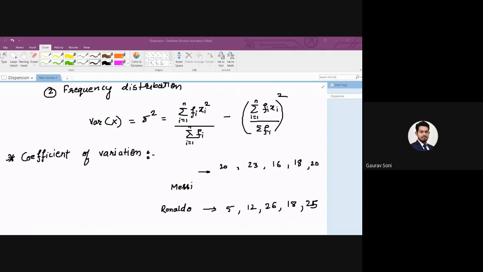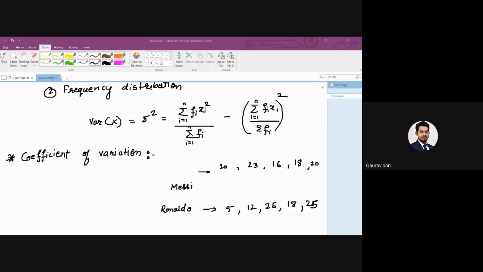Yes, exactly. Whereas Ronaldo in some matches may perform very well, and in some matches he may not perform very well. So depending on this data, Messi is more promising because the central tendency, all of the observations, if you see, are around the mean.